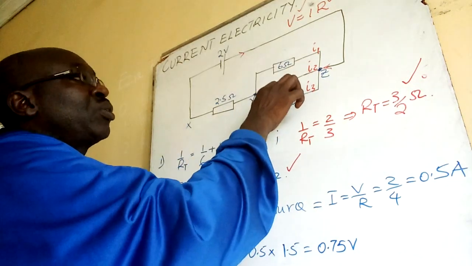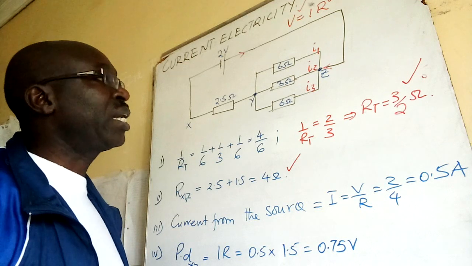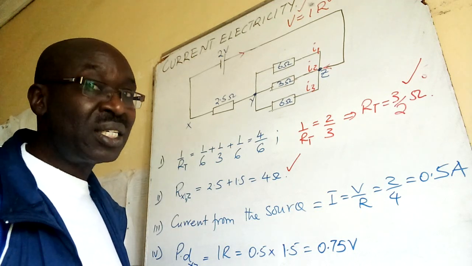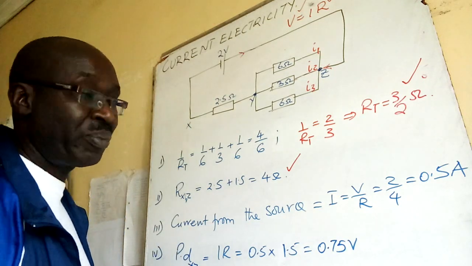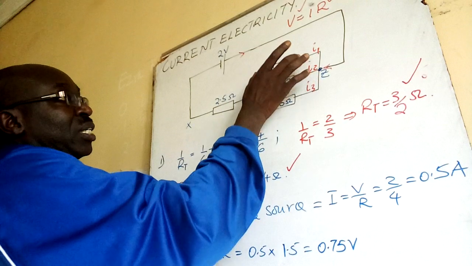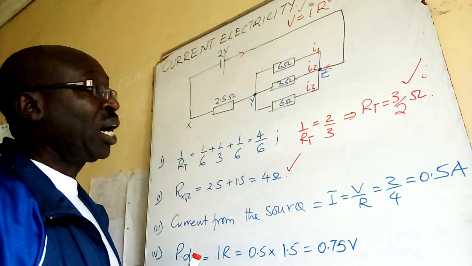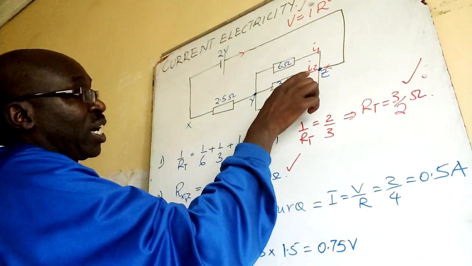What do you know about resistors in parallel? Their PD is the same. PD across here is the same as that, is the same as that. So I can ask you to get me current I1 or current I2.